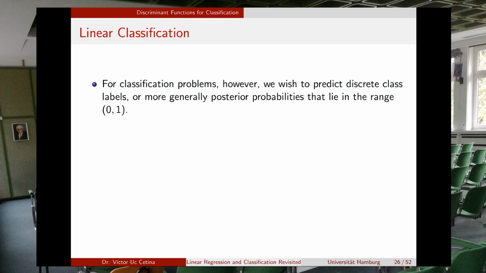Okay, for classification problems, however, we wish to predict discrete class labels, or more generally, posterior probabilities. So in the general case, we try to focus on probabilities. What is the probability that some point belongs to some class?